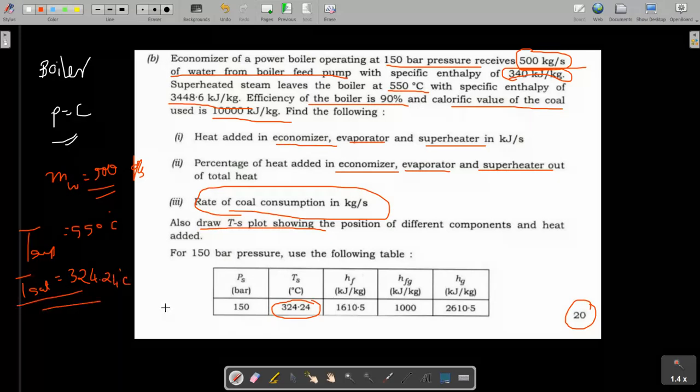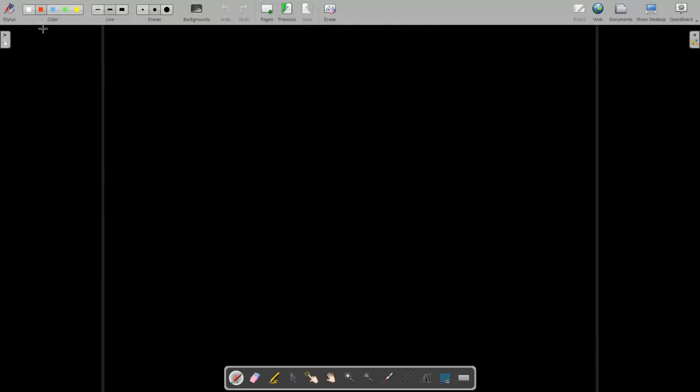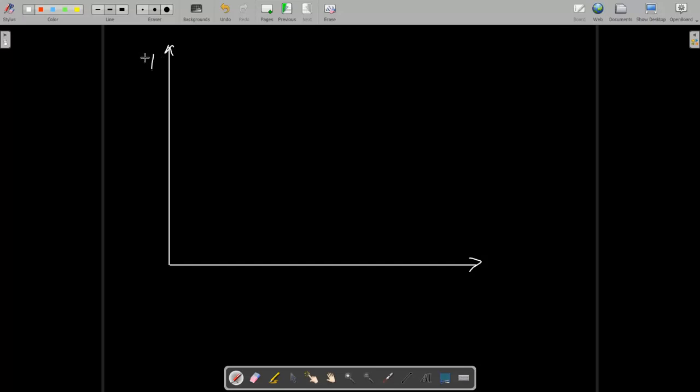So first of all, understand the TS diagram. Here water undergoes phase change.